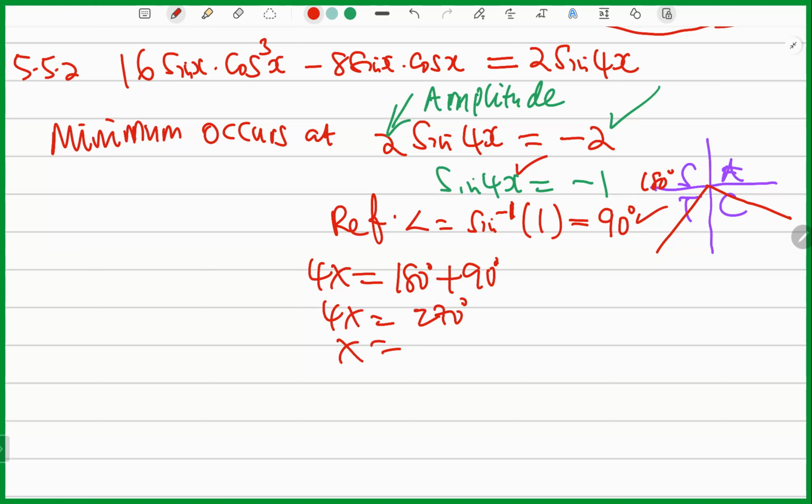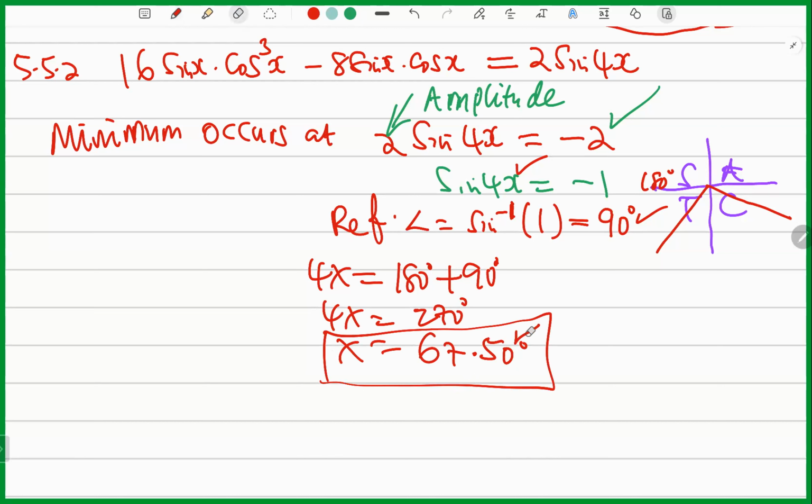If you divide 270 degrees by 4, what do you get? 270 divided by 4 gives 67.5 degrees. And that's the answer.